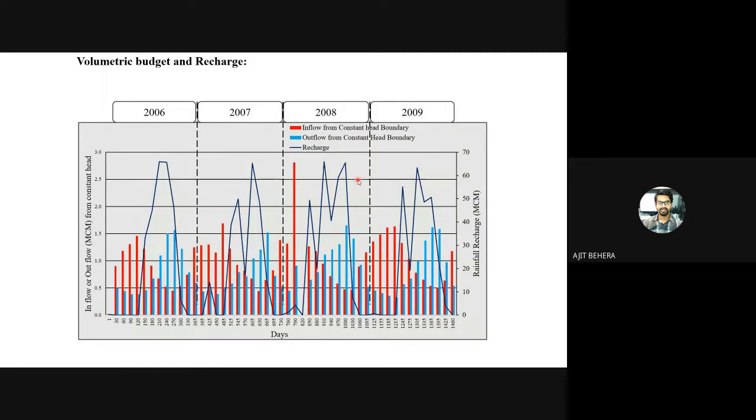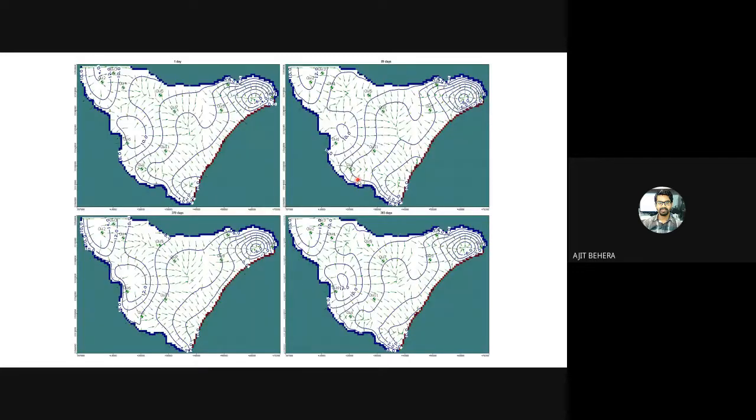So this is the system. This is the hydraulic head variation, how the hydraulic head varies monthly. So in one day we have a hydraulic head. Here you see this is less affected. In pre-monsoon, it is affected by the sea. Here also you see the influence of the sea.